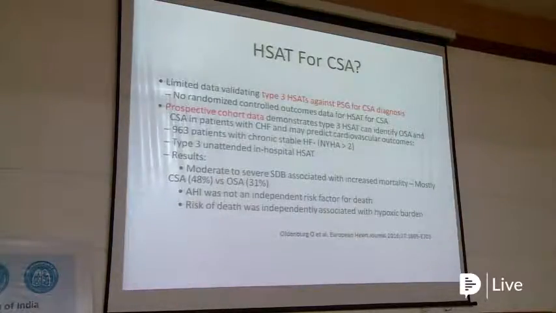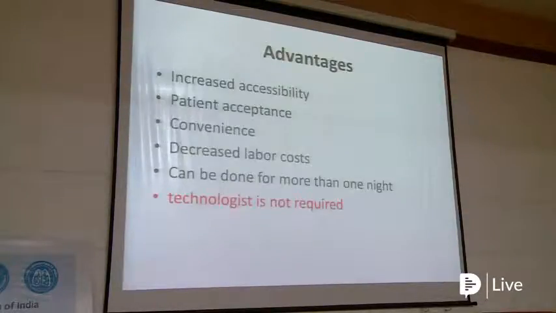Their results show that moderate to severe sleep disordered breathing is associated with increased mortality, mostly due to CSA at 48% versus OSA at 31%, and risk of death was independently associated with the hypoxic burden.